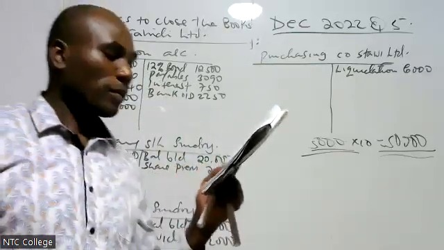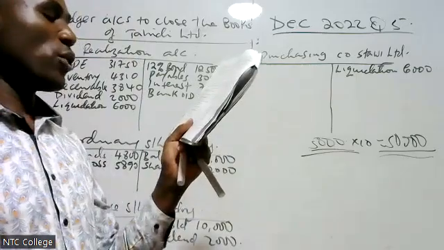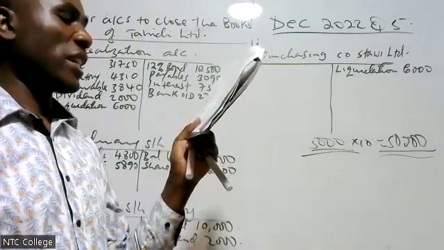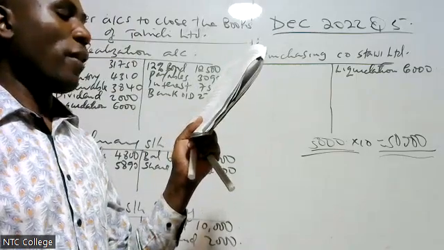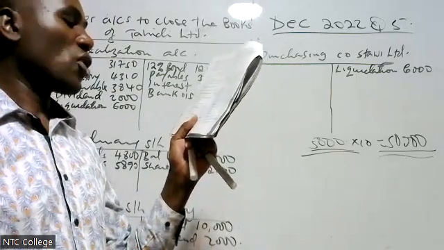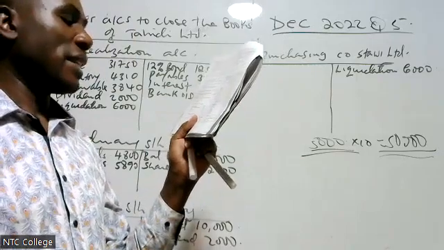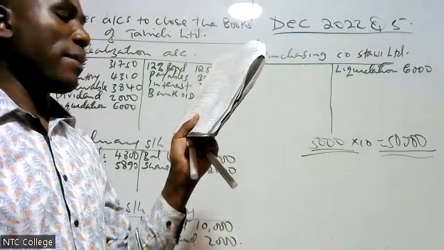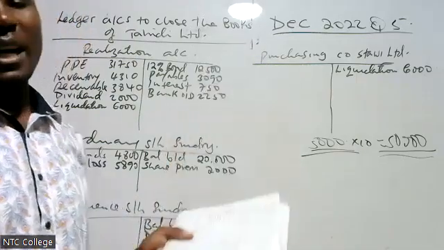Then number 2, Stawi Limited issued 4 new ordinary shares of shillings 10 each, credited at shillings 5 each, for every 2 preference shares held in Tahiti Limited. The preference shareholders agreed to immediately pay the balance on the shares allotted.